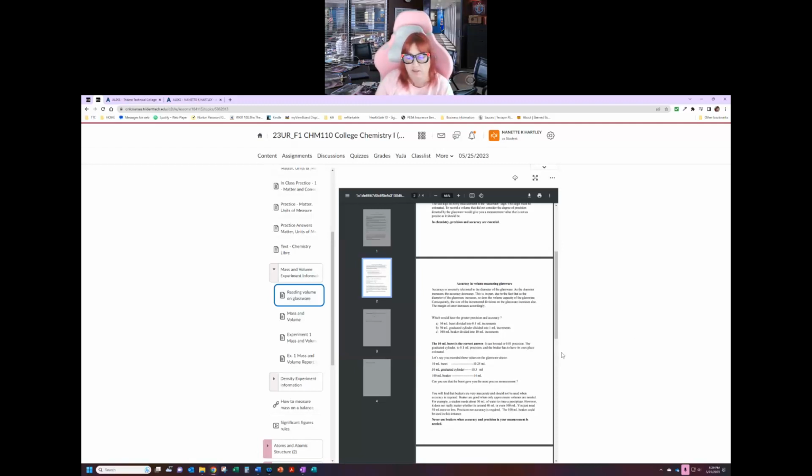Okay, burettes are really, really precise, so it's very easy to get a very good measurement on those. They actually are marked to the hundredths place, so 2 decimal places, and then you can estimate one beyond that.